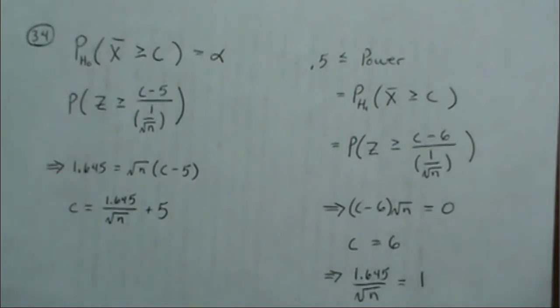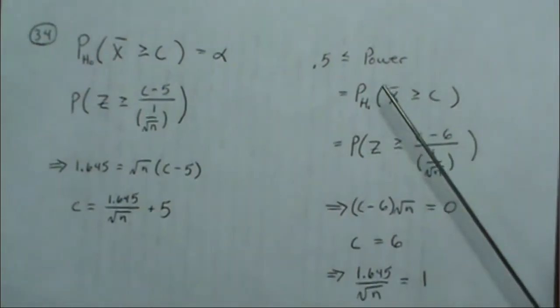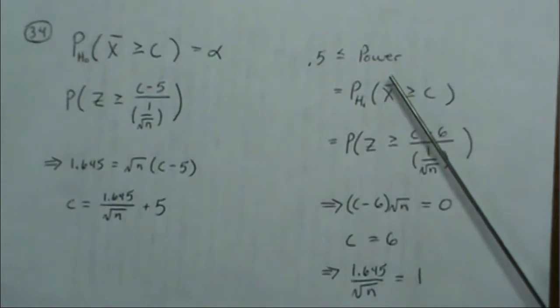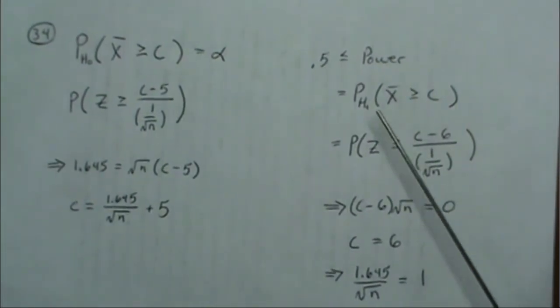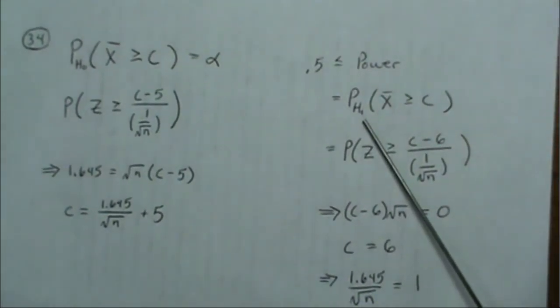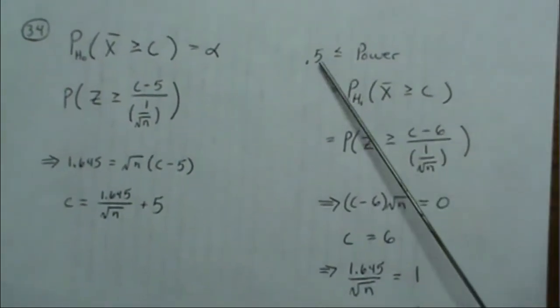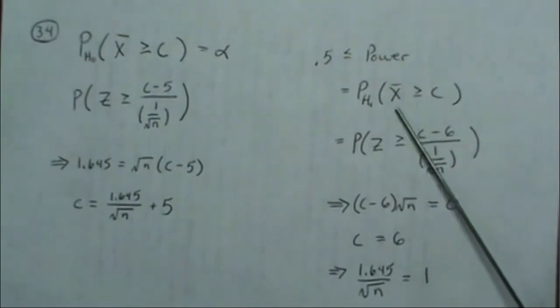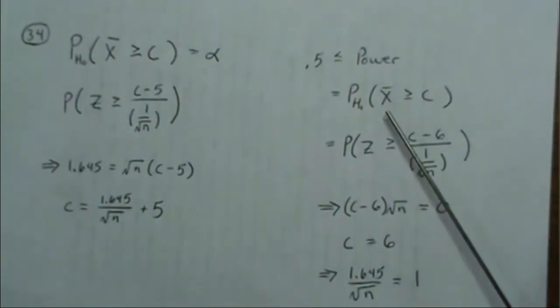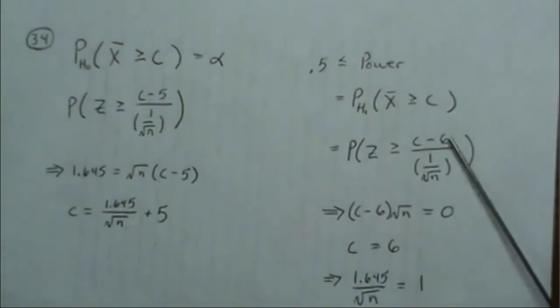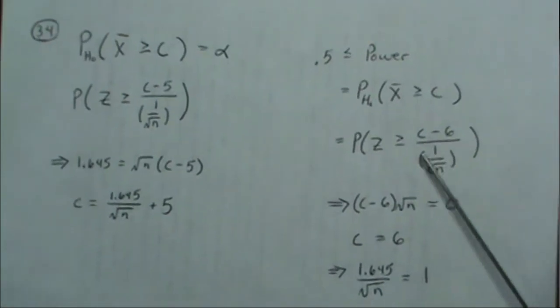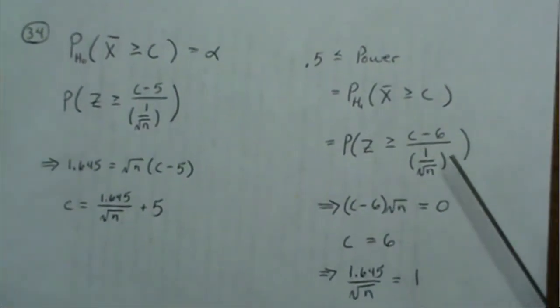Now we want the power to be greater than or equal to 0.5. So that means under the alternative hypothesis, we want the probability of x bar greater than c to be greater than 0.5. Well, this is a normal distribution. So you subtract the mean divided by the standard deviation and then you get a z.